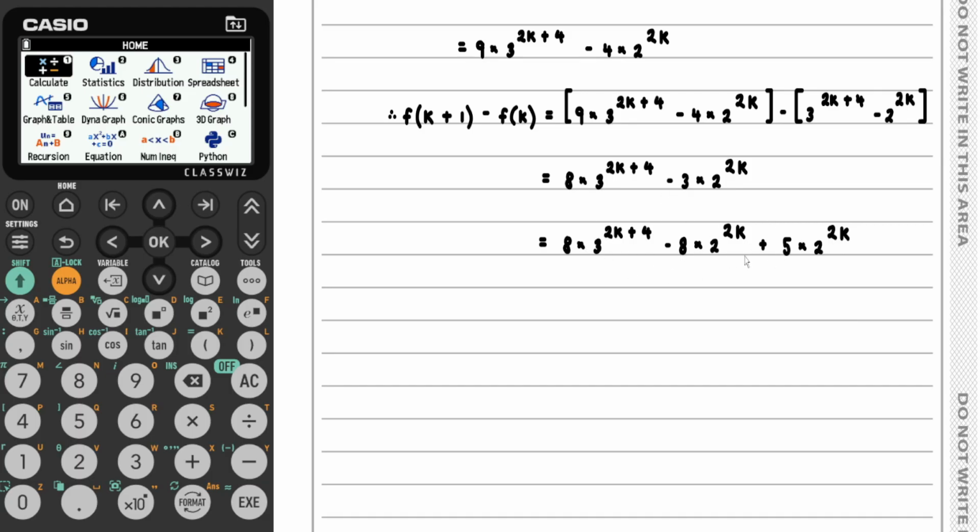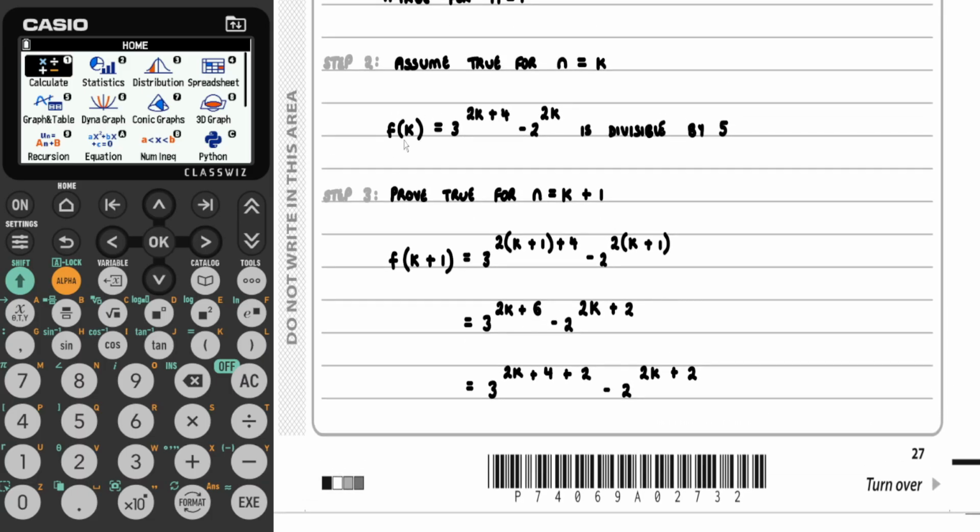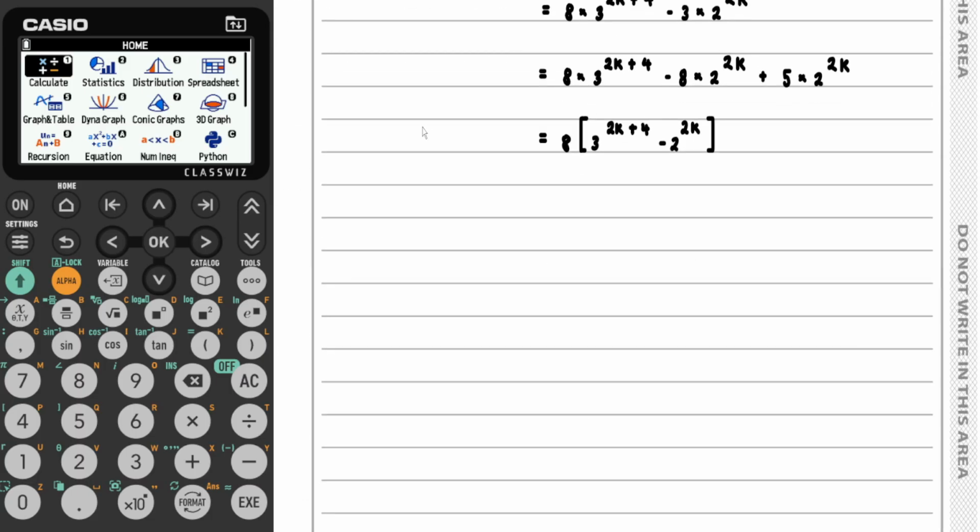And from these two terms, we can factorize out an 8. So I've got 8 multiplied by 3 to the power of 2k plus 4, subtract 2 to the power of 2k. And what this is, f of k. And don't forget, we add on 5 times 2 to the power of 2k. So I've got 8 times by f of k plus 5 times by 2 to the power of 2k.